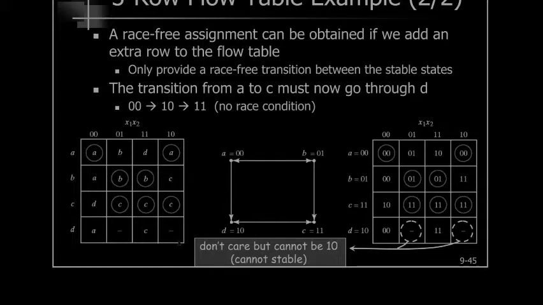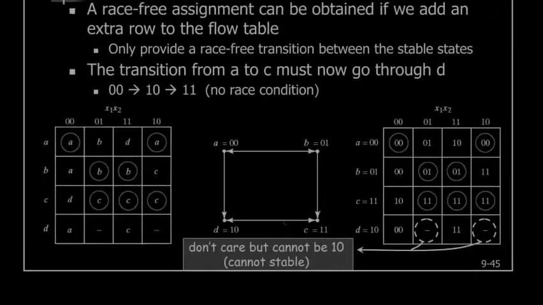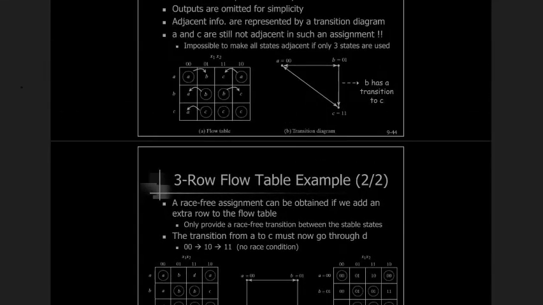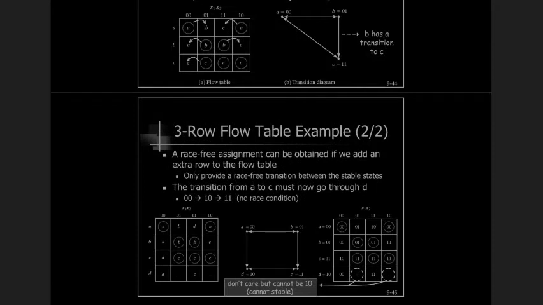So I've introduced a row D, and all the transitions from A to C will go through D. So there is a transition from A to C, so this is replaced with D, and for the current state D, the next state will be C. So we direct the circuit through a cycle.